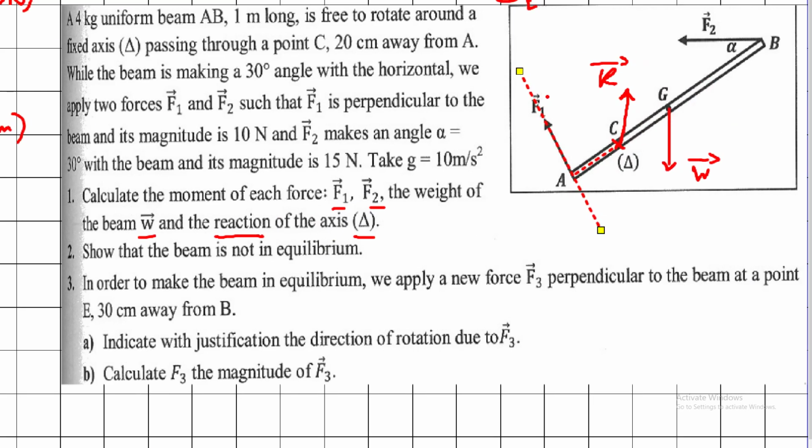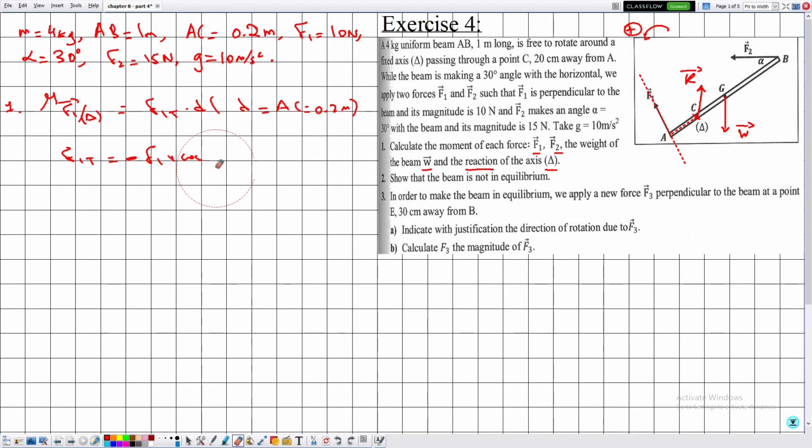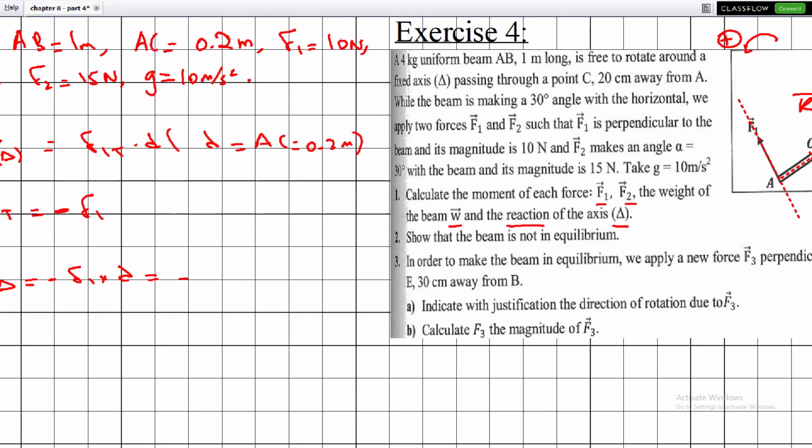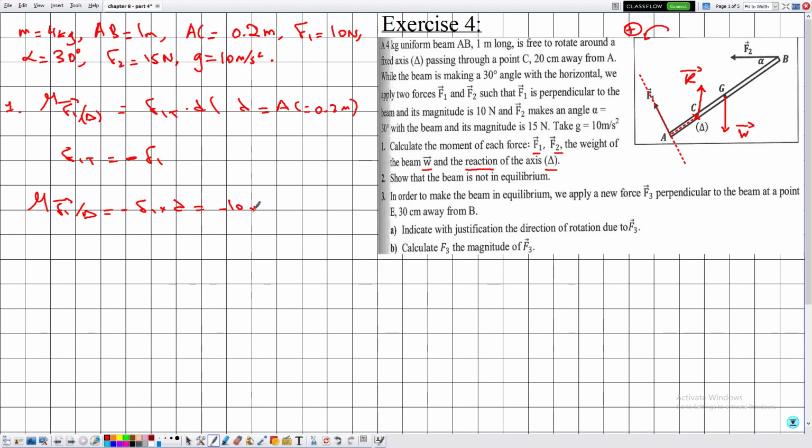Notice that in this case F1 is completely lying along the tangential direction, so there is no need for a cosine. So the moment of F1 around the axis delta is equal to minus F1 multiplied by d, which is minus 10 multiplied by 0.2, which is equal to minus 2 newton meters, because the unit of the moment is newton meter. This is F1 around delta.